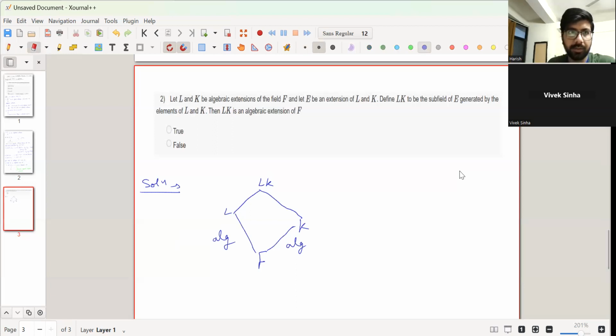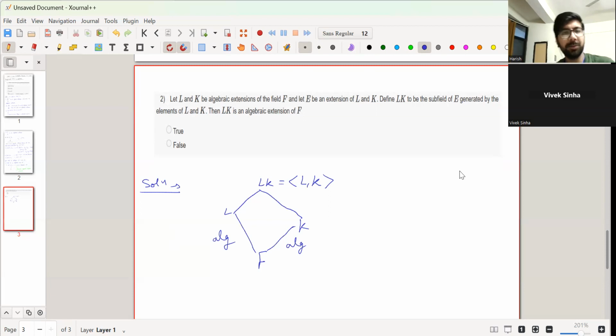Sir, LK means the extension field containing the union of the elements of L and K? The union might not be a field. So it's the intersection that is a field?